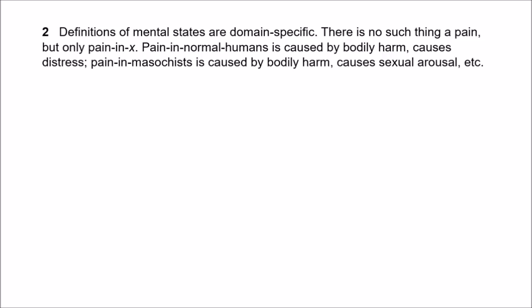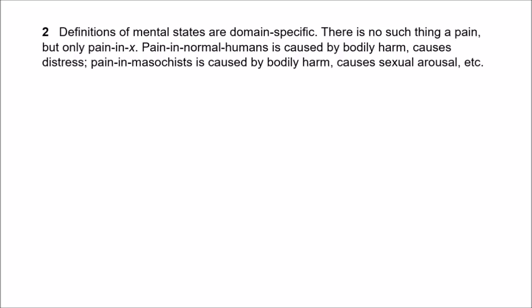Okay, a second possible response is that functional definitions of mental states are domain-specific or context-specific. Although we often talk about pain without qualification, just pain in general, in fact, all talk of pain is relative to some specific domain, specific context.